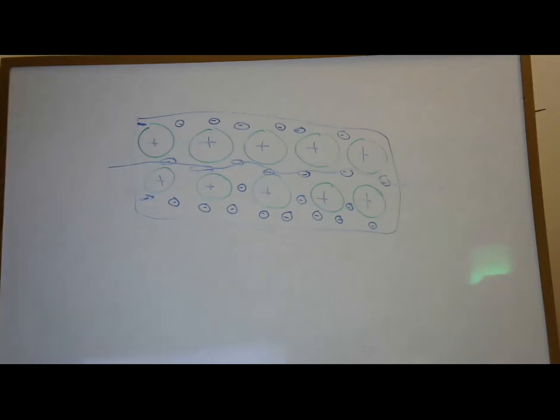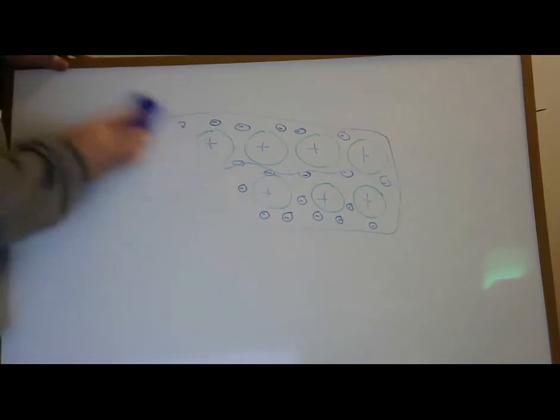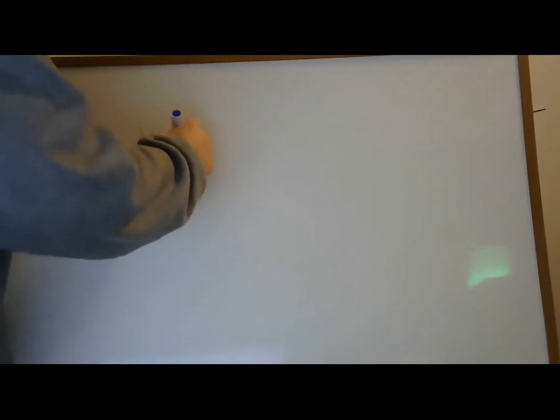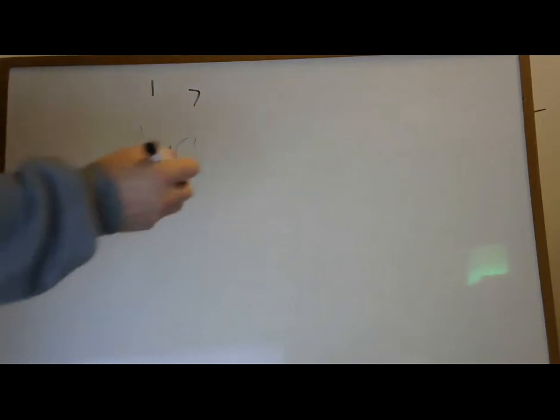So the ionic bond we talked about between a metal and a non-metal, NaCl. Sodium chloride. Na is in group 1, so chlorine is in group 7. Sodium gives its 1 electron to chlorine.